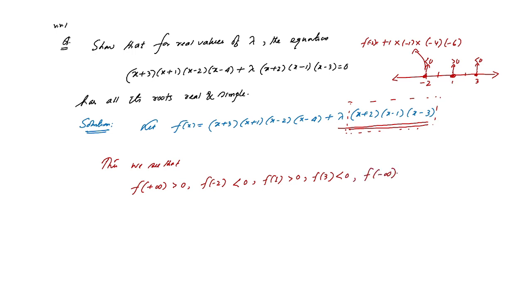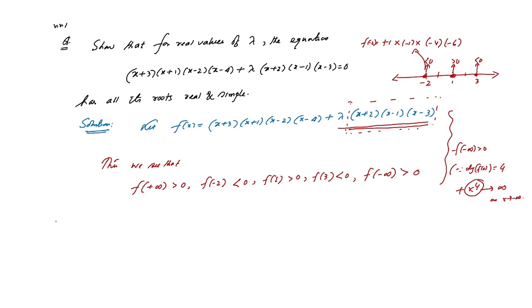And f of minus infinity is also greater than 0, because the degree of f of x is 4, x to the power 4 is present with a plus symbol. So that is tending to infinity as x tends to minus infinity. So these are the observations.